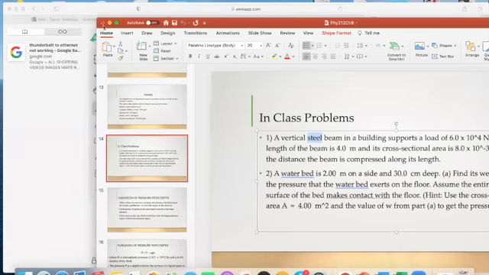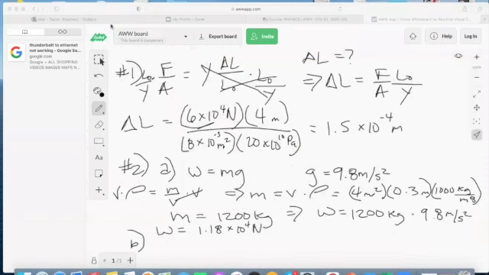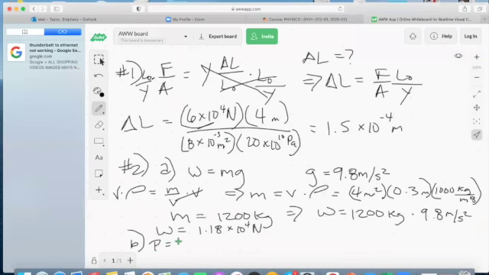So let's go back. All right, so pressure P is what we're trying to find now. So P is equal to force divided by area. Weight is a form of force.